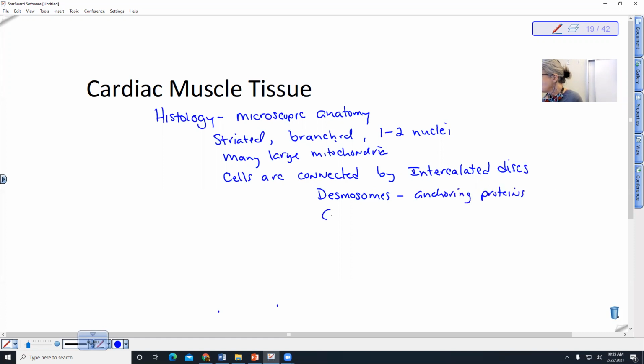proteins. And then we have what is referred to as a gap junction. And this is a hole. It's actually a space. It's actually a channel. So this is a channel through which ions can travel from one cardiac muscle cell to another.